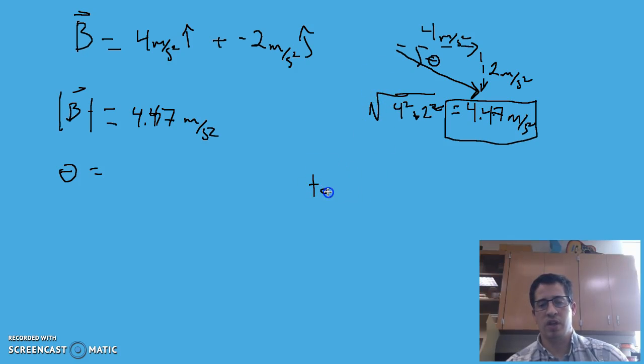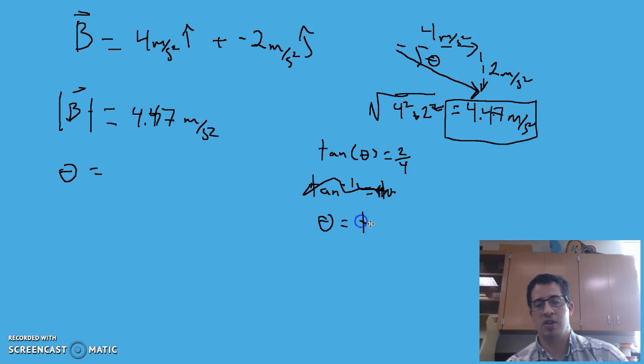We're going to want to use inverse tangent, okay? And we'll say the tangent of that angle is going to be equal to 2 over 4. Sorry, theta would be equal to inverse tangent of 2 over 4, which simplifies to 1/2.